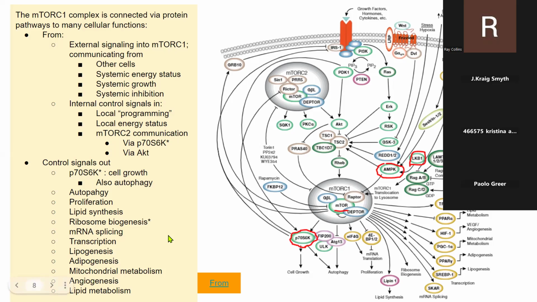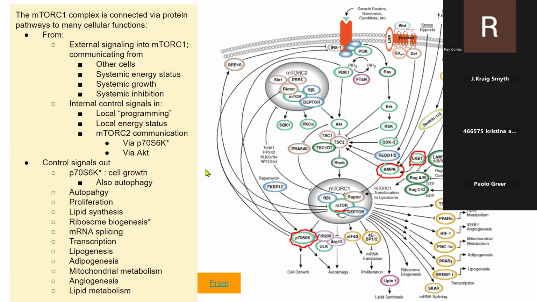So as you get older, if you slow this mTORC1 down, using rapamycin or the IL-11 that we started this discussion with, then you will tend to live longer. And that is probably what's going on with these mice that are living longer.